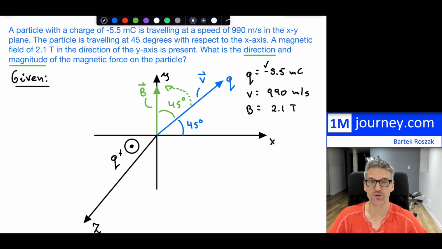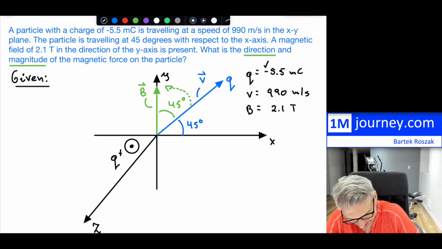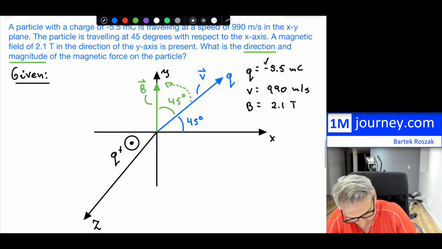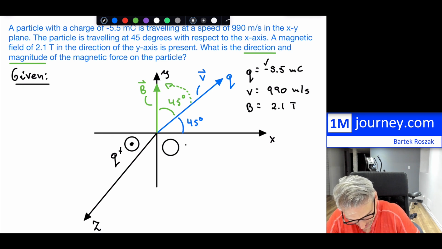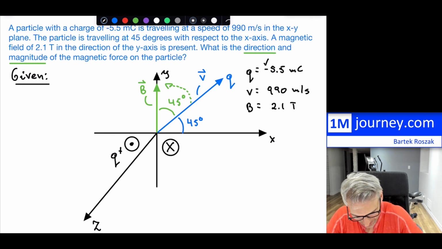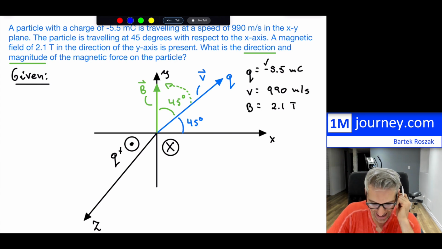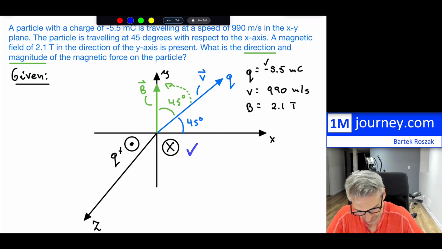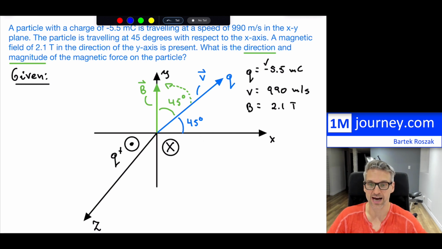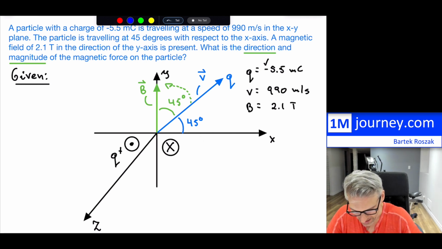Using your right-hand rule, it's going to be completely on the opposite side, so this goes right into the page. So at that instant it would have been into the page. Okay, so we have the direction. If you set out of the page as positive, that means the direction is going to be in the negative side of the z-axis. Now we need the magnitude.